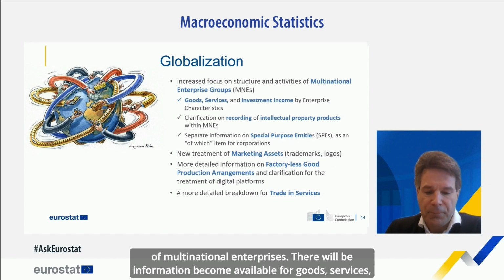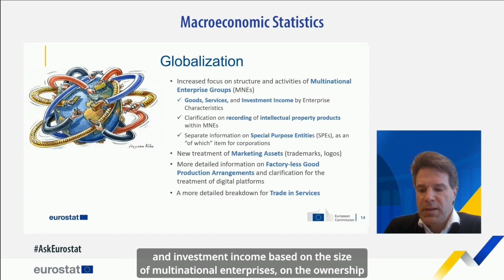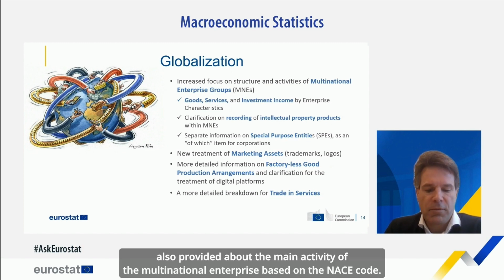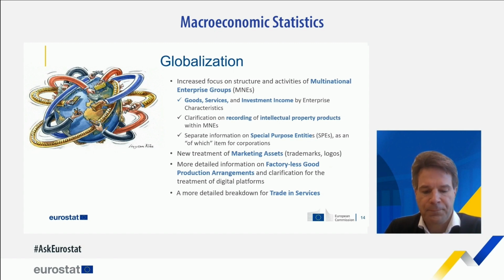Information will become available for goods, services, and investment income based on the size of multinational enterprises, on the ownership structure, whether a multinational enterprise is foreign or domestic owned, and information will also be provided about the main activity of the multinational enterprise based on the NACE code.